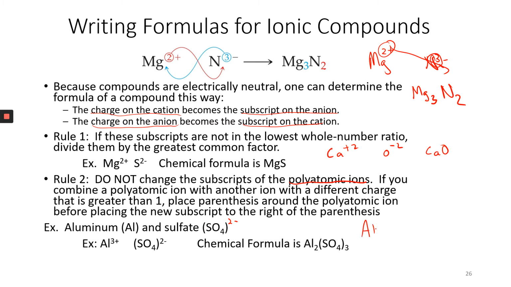So you have your aluminum, and you have your sulfate with your parentheses, and then you crisscross as if this was a single element. You don't touch what's inside the parentheses. Now, if you were placing a 1 here where the 3 is, because your element you were bonding with had a charge of 1, then you wouldn't need the parentheses.